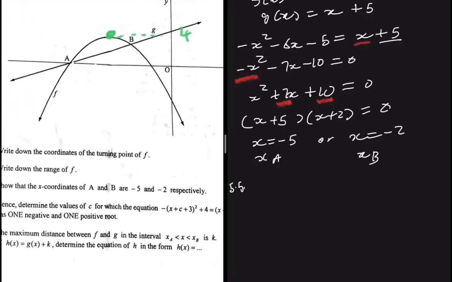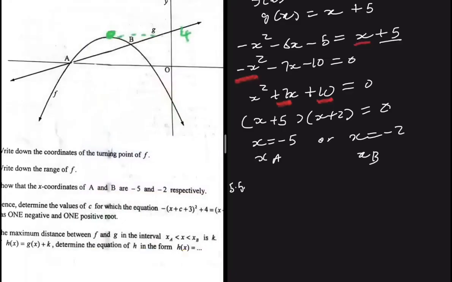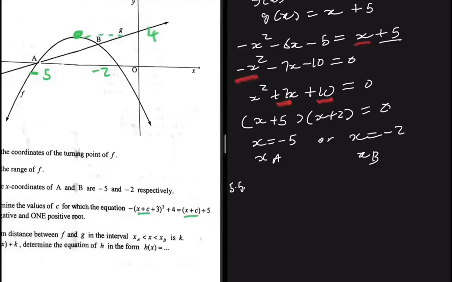At this point, our roots are at minus 5 and minus 2, right? That's where our roots are at the moment, based on 5.4. So now we need to shift our graph. Let's not forget that x plus something is shifting our graph, right? So let's shift our graph such that now one root is negative and then another root is positive, right?